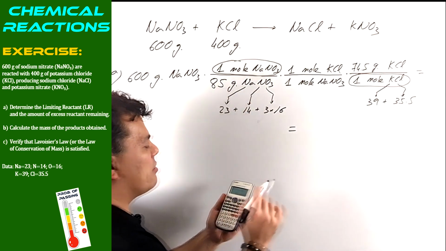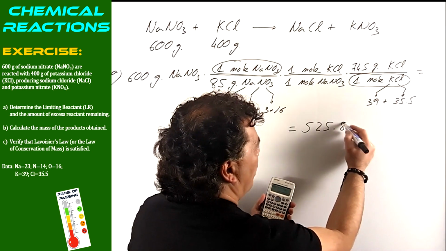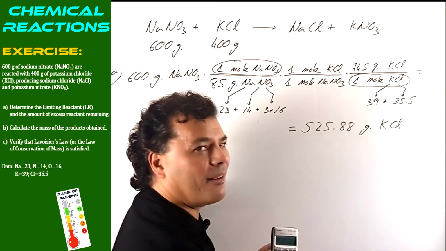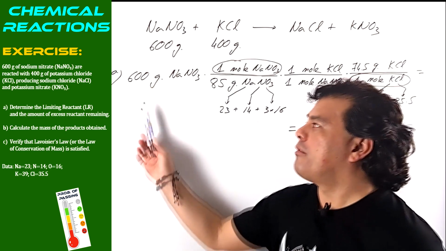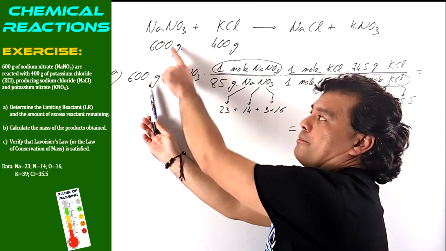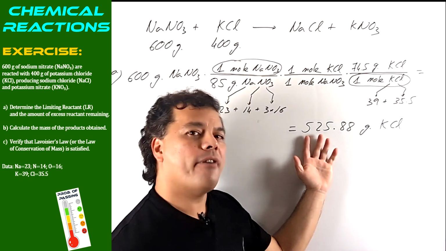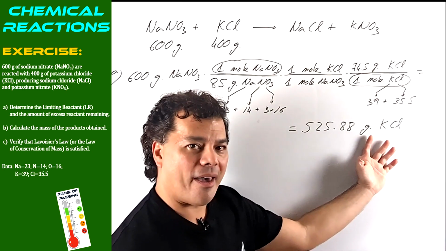It gives us 525.88 grams of potassium chloride. Our 600 grams of sodium nitrate wants to react with 525.88 grams of potassium chloride.